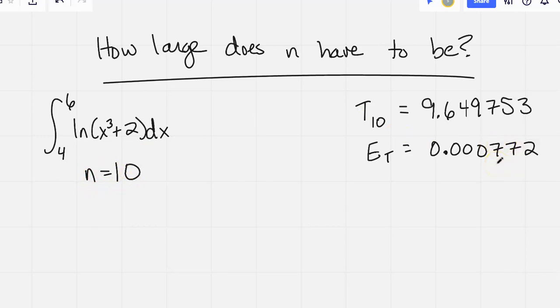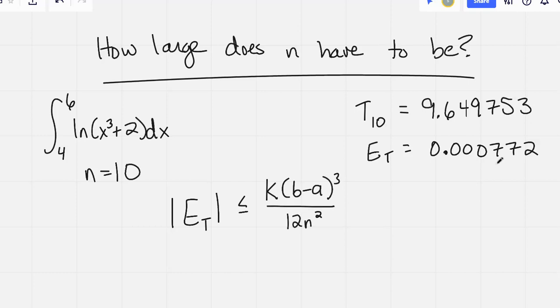So we're going to use our error bound formula here. The absolute value of the error of the trapezoid has to be less than or equal to capital K times (b minus a) cubed all over 12n squared.